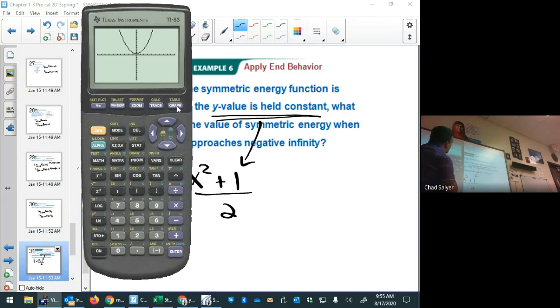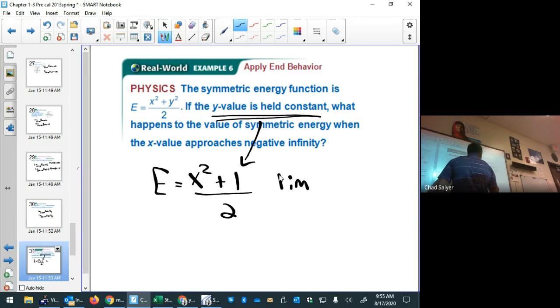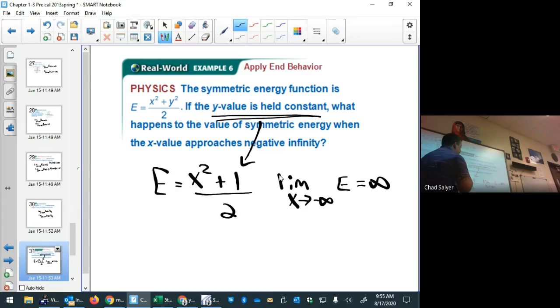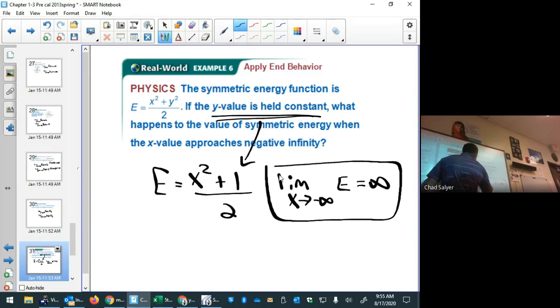I can tell by looking, as we get higher and higher and higher, x is going to go up, up, up to positive infinity, but we're concerned about x approaching negative infinity. So to the left, I see it does the same thing. So the limit as x goes to negative infinity of that capital E function equals positive infinity. This is the solution to that.